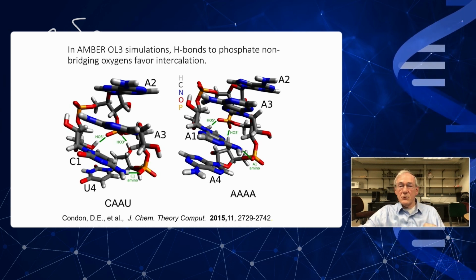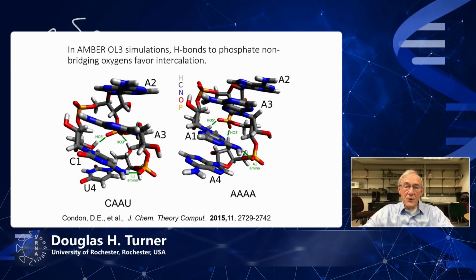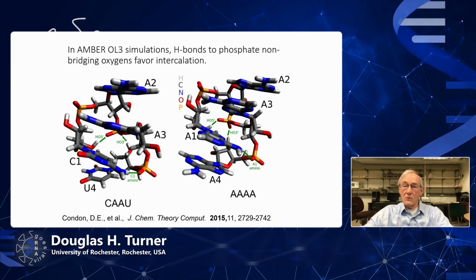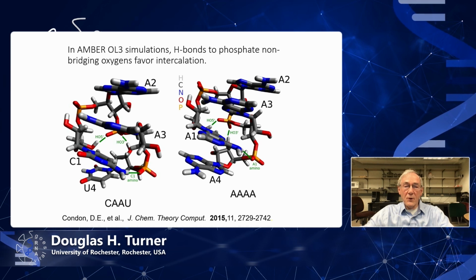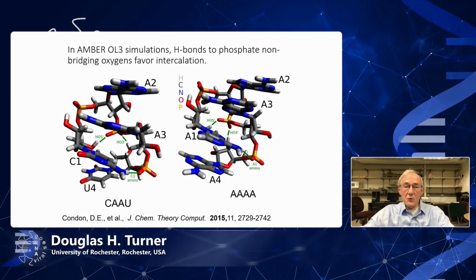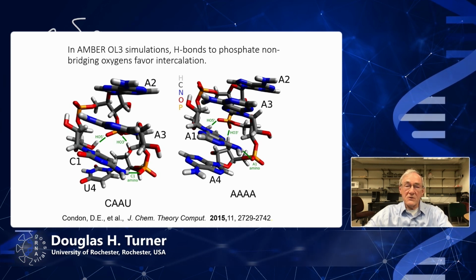And the reason it would do that is because you could form hydrogen bonds between amino groups on a base, either C1 or on the right-hand side, A1. You could form a hydrogen bond, strong hydrogen bond, between the amino group of those bases and a non-bridging oxygen on a phosphate group.